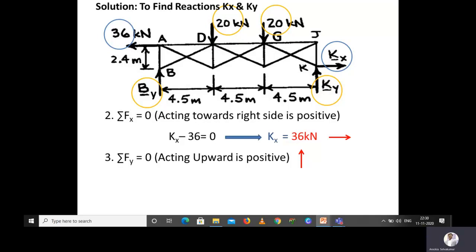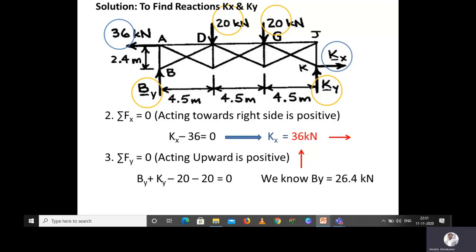So if we are substituting in this equation, that is third equation, summation of forces along y-axis is equal to 0, then Ky and By will be in positive, and 20 kilonewton at G and 20 kilonewton at D will be in negative. So you can see the equation, By plus Ky minus 20 and minus 20 is equal to 0. We have already calculated By, that is 26.4 kilonewton.